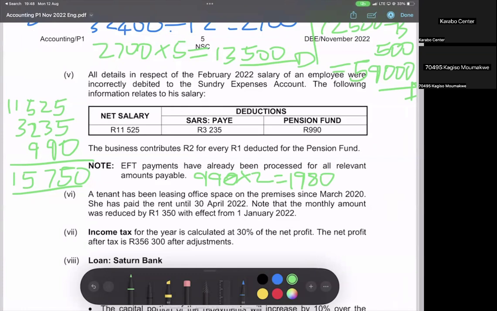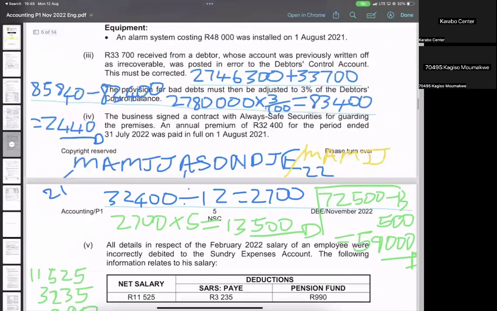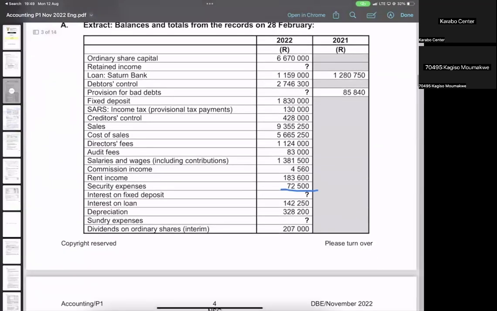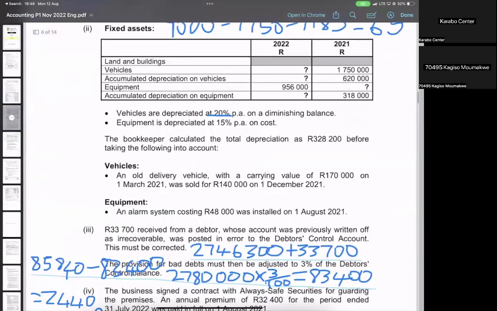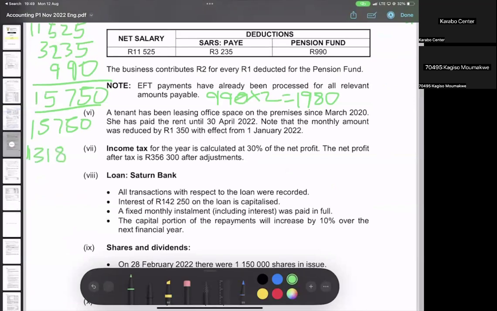And then this is how you are going to record on your statement of comprehensive income. 15,750 plus 1,381,500 plus the pension fund, which is 1,980.